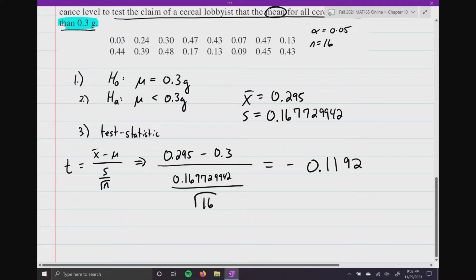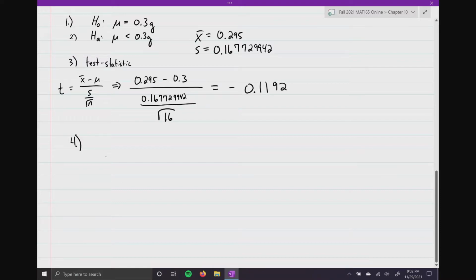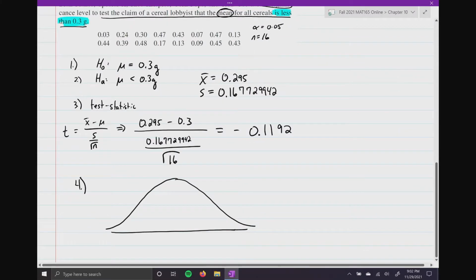Step 4, this is where everything comes into play now. All right? So we're going to draw our graph. Now, if you look at the alternative hypothesis, it's less than. So that means this is a left tail test. Our degrees of freedom is going to equal 16 minus 1.